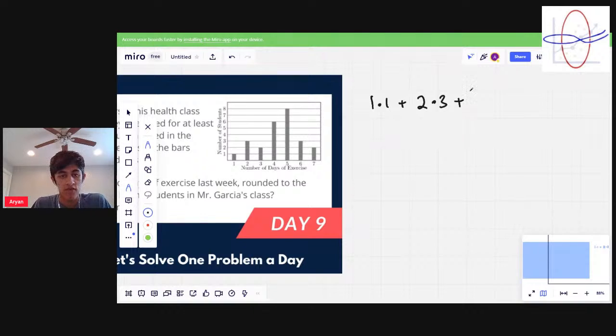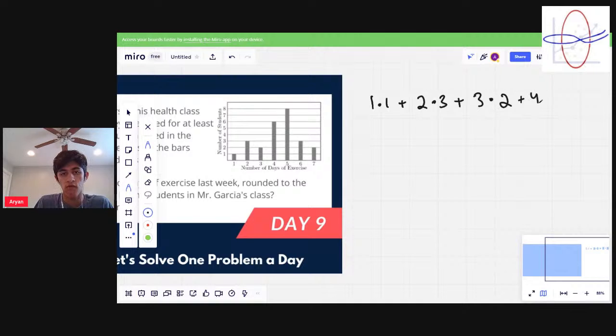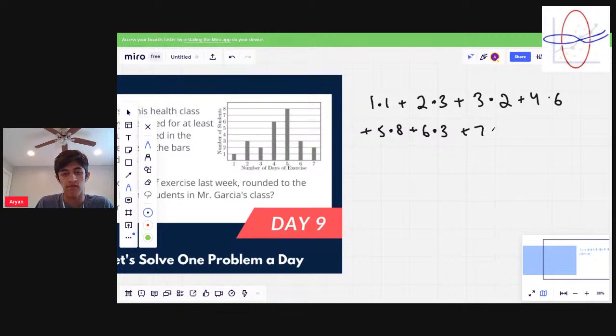So again, for 3, we have 3 days done by 2 students, 4 days was done by 6 students, 5 days was done by 8 students, 6 was done by 3 students, and then 7 was done by 2. We just slowly add these up, and this would give us the total number of days where students exercised for at least 30 minutes.